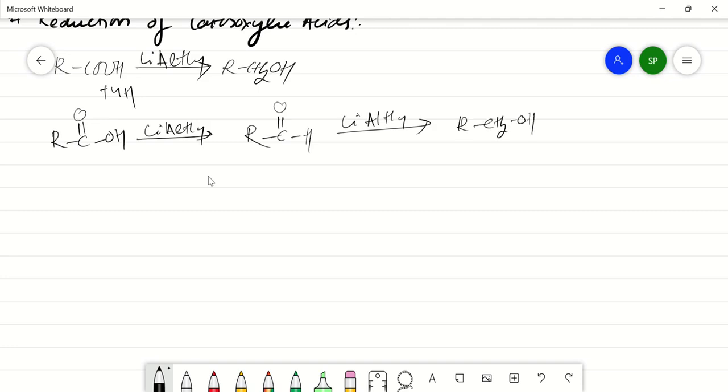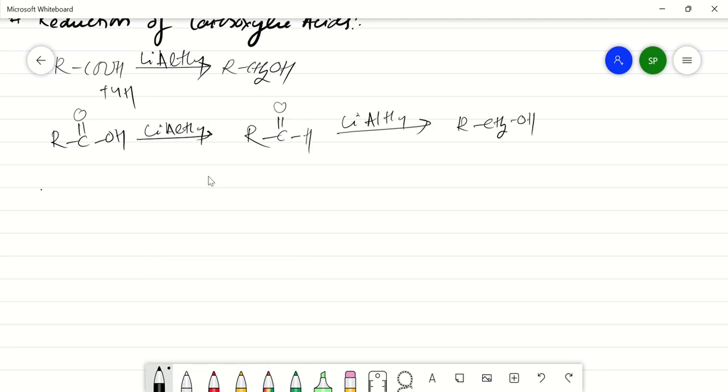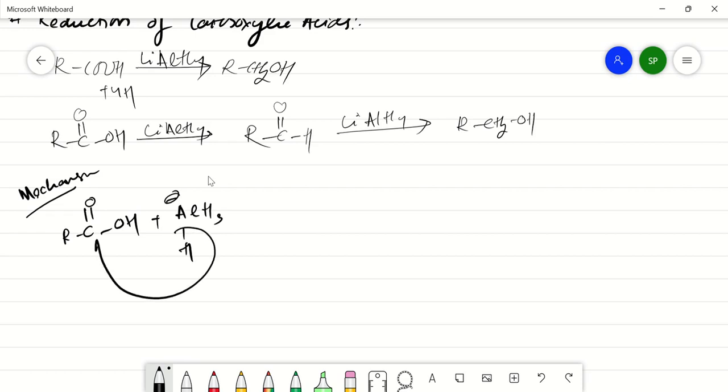RCH2OH. Okay, if we consider the mechanism, let's see the mechanism. RCOOH. First, if this is lithium aluminum hydride, that means AlH4 minus, in the first step hydride will attack this. Next, this will form RCH(O minus)OH.